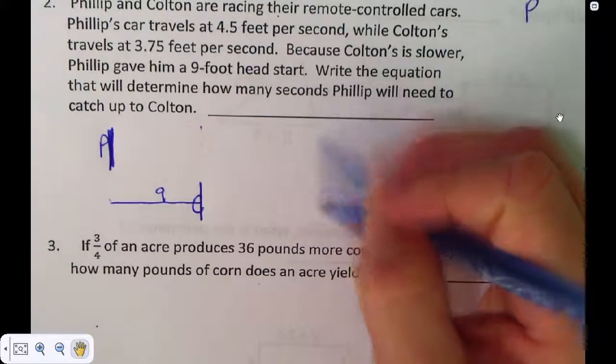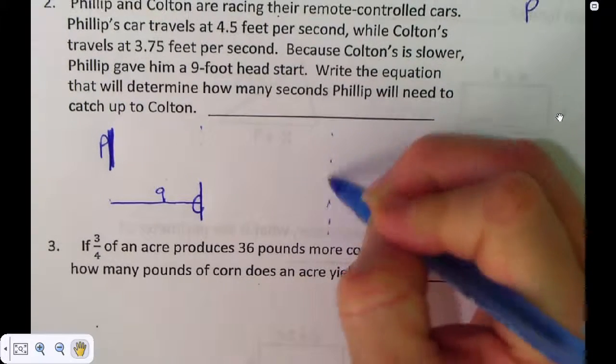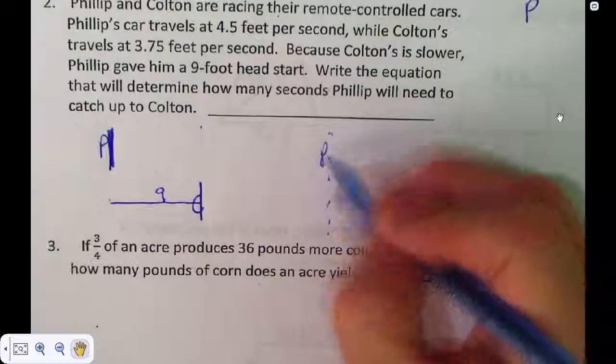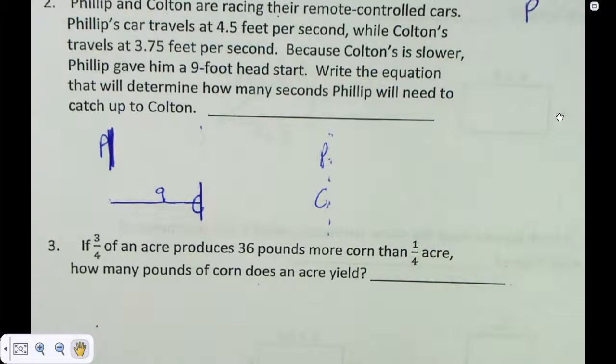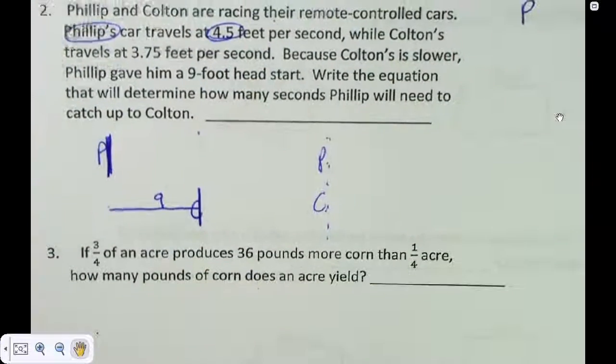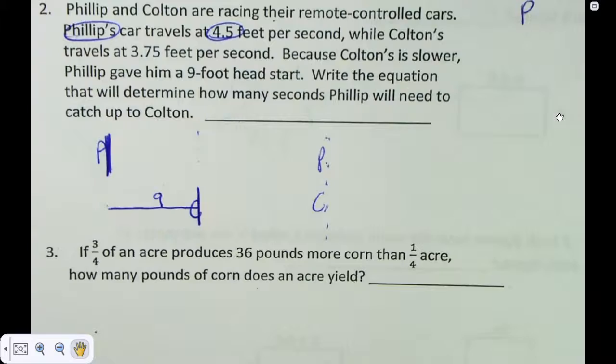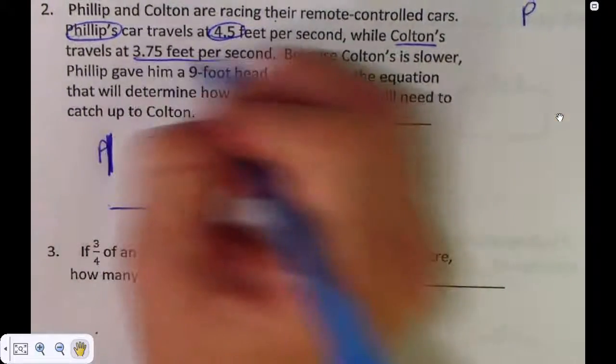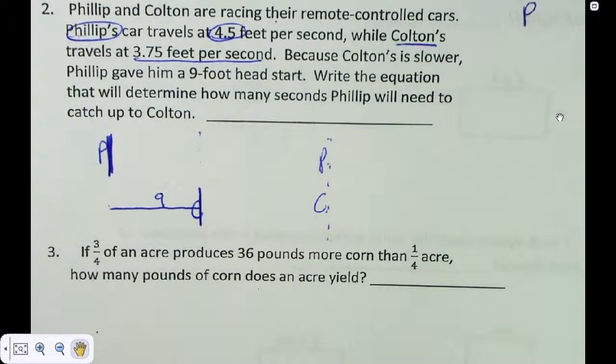It'll be down here somewhere. And Philip will be here, Colton will be here after so many seconds. Okay, Philip is going 4.5 feet per second. Colton is going 3.75 feet per second.